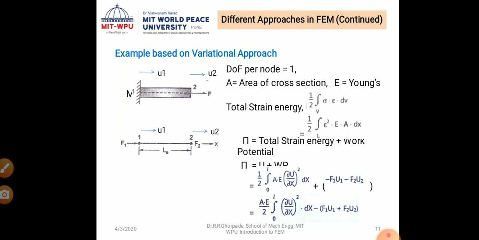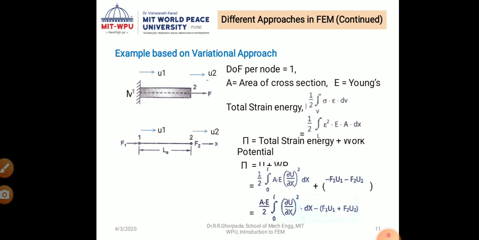A being the area of cross section of bar and E is the Young's modulus. So the total strain energy is 1 half integral over volume V sigma epsilon dv. So here sigma you have to substitute to be E into strain, therefore it becomes 1 half integral over the length of that particular bar of epsilon square E into A dx, as A dx is nothing but dv.